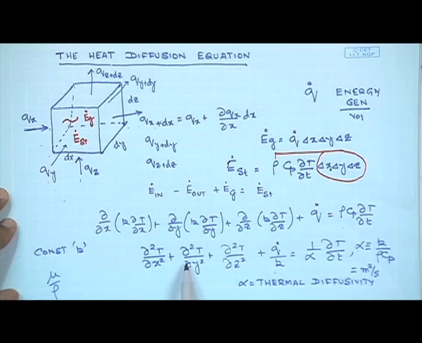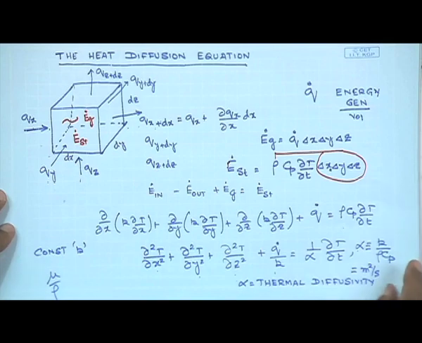So this is the equation you would get for only conductive transport of heat, where the temperature can vary in x, y and z direction. This is the heat generated per unit volume, and this entire thing is the total amount of energy stored or lost in the control volume per unit volume.